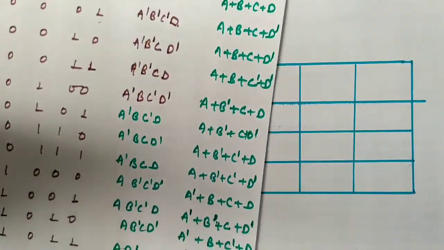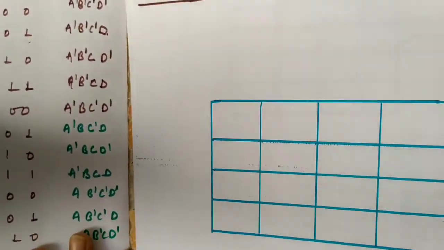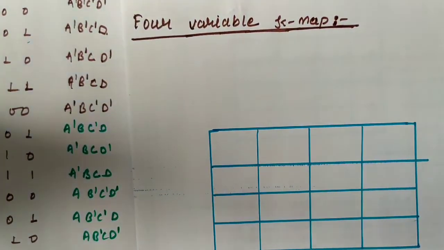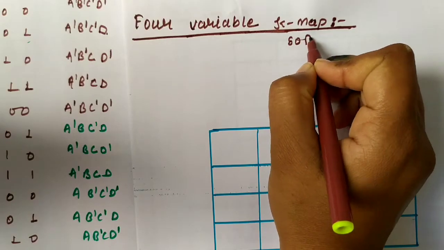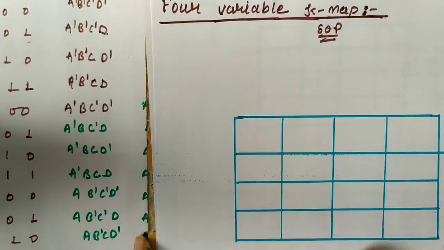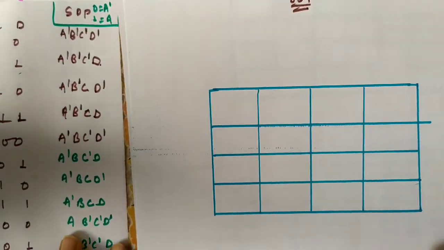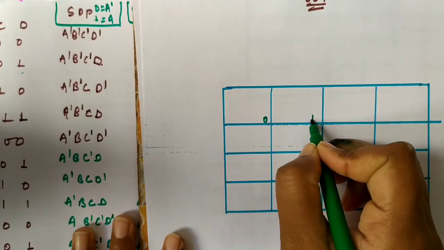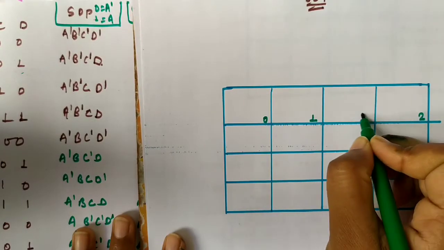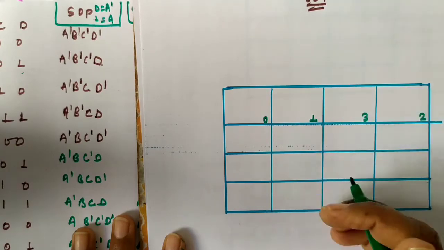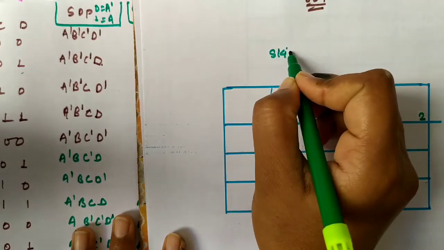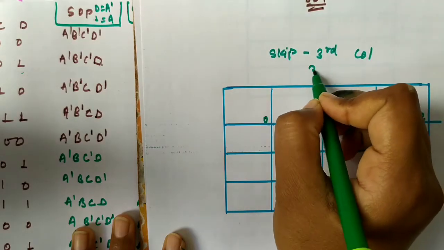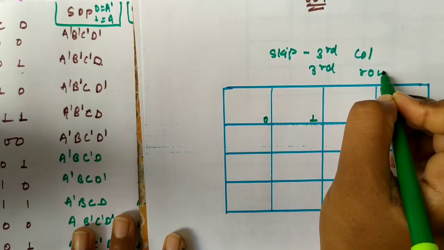So now we do firstly for the SOP. The number is firstly 0, 1, 2, 3, because we have to skip the third column and third row.